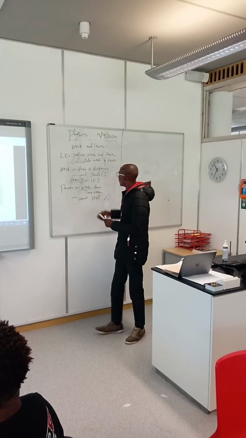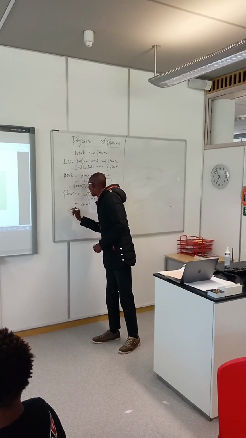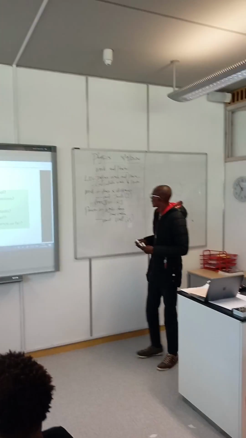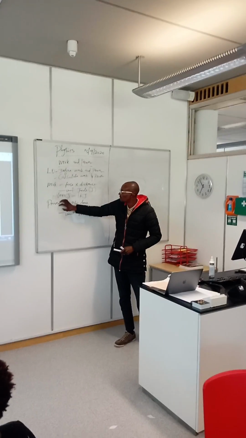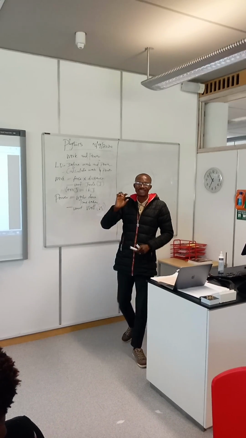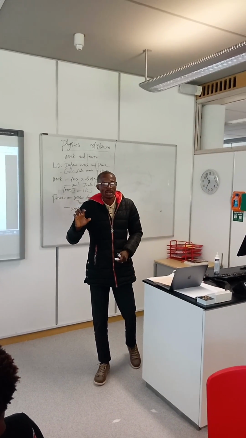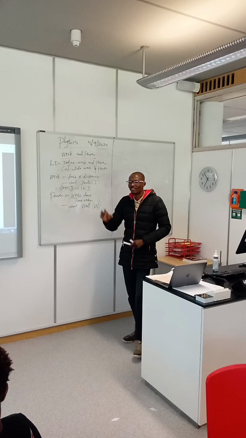Okay, with this we can now simply calculate, because we said we are to define and to calculate. From the definition, power is the time rate of doing work, or the time rate of energy utilized.